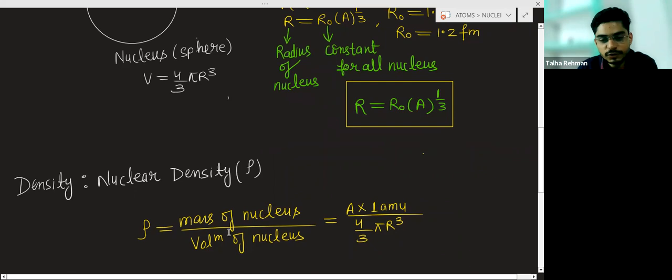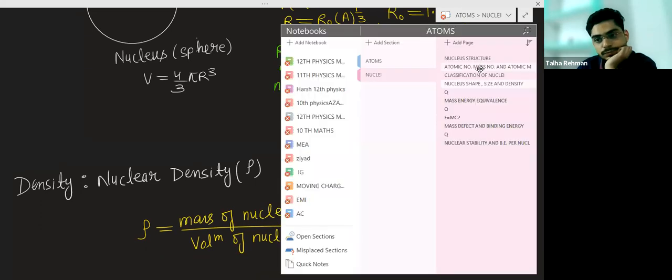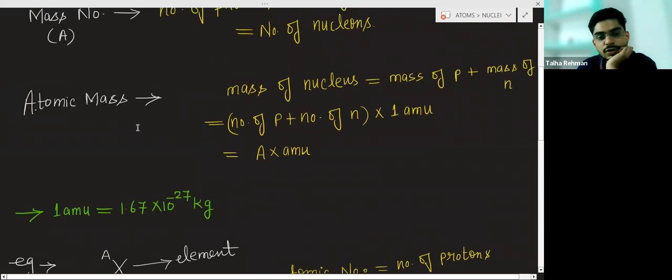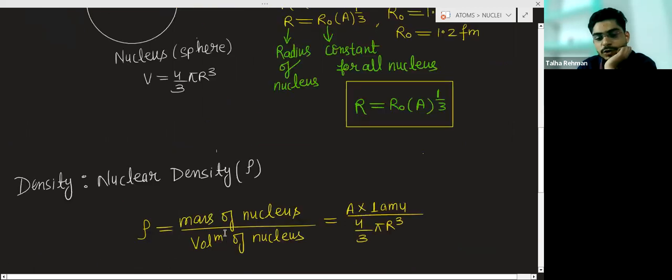Now mass of nucleus is mass number multiplied by 1 AMU. See, atomic mass or mass of nucleus is A into 1 AMU. So A into 1 AMU divided by volume of nucleus 4/3 pi r cube.